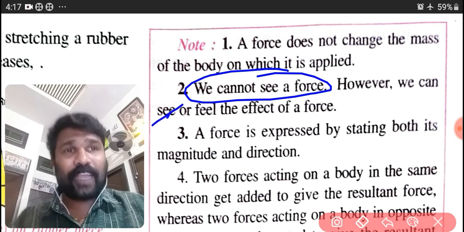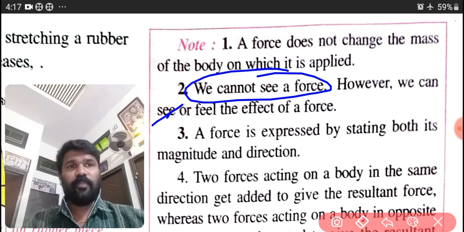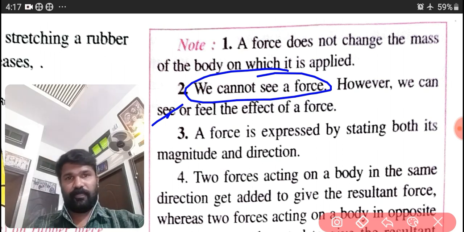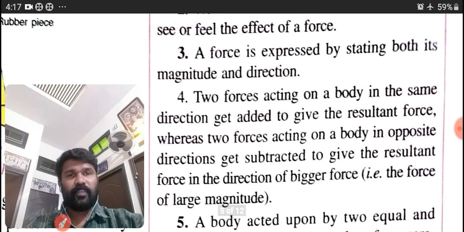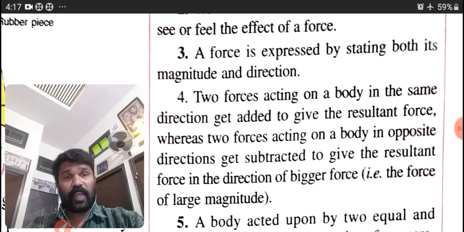A force is expressed by stating both its magnitude and direction. Two forces acting on a body in the same direction get added to give the resultant force, whereas two forces acting on a body in opposite directions get subtracted to give the resultant force in the direction of the bigger force.